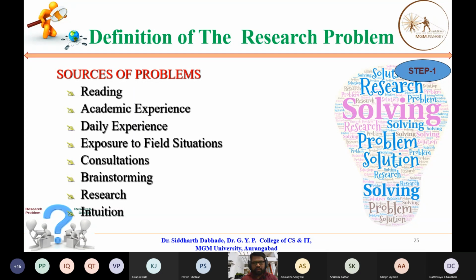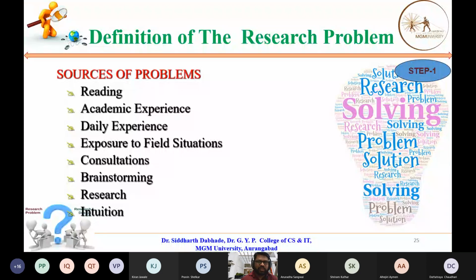You need to acquire knowledge related to your field, your specific domain. Try to understand real life challenges and real life problems, so that the problem can be overcome in future by upcoming research work. So reading is very important.